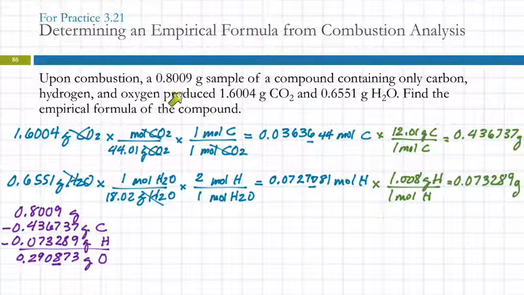This is the total mass of all three elements. I was able to calculate the mass of two of the elements. I can't calculate the mass of the third from any other data, so I subtract to find out, well, the oxygen is the part that's missing. Grams of oxygen, to calculate the empirical formula, I need to turn that into moles.